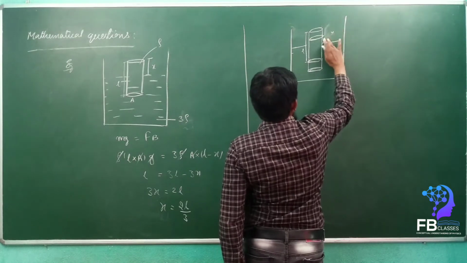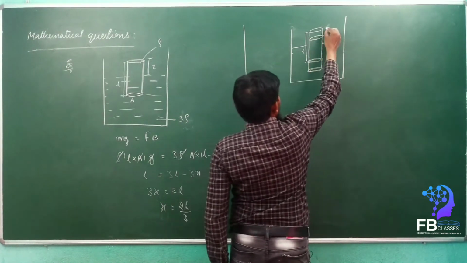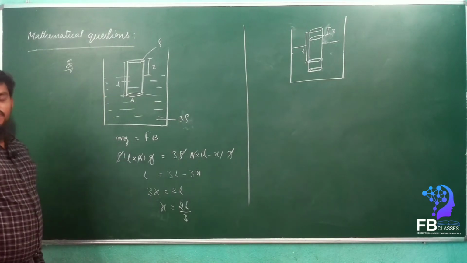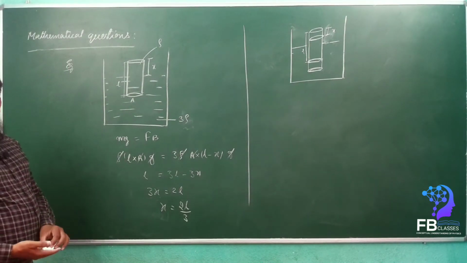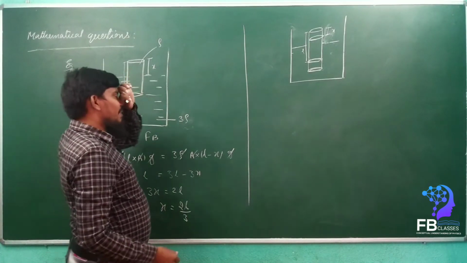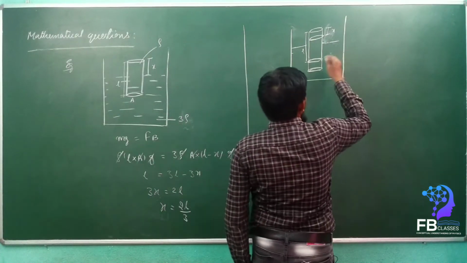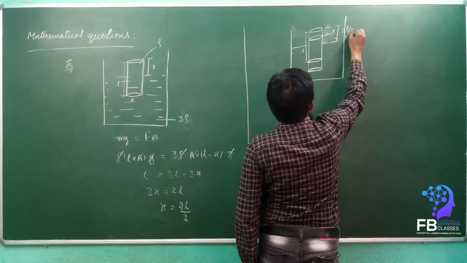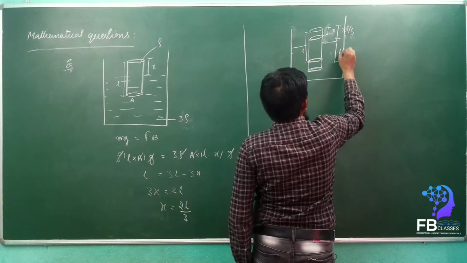Let X be the height by which it is pressed and released. Then it will do SHM. Yes or no? By this condition, the total submerged is 2L by 3, and the part above is L by 3, we already know that.